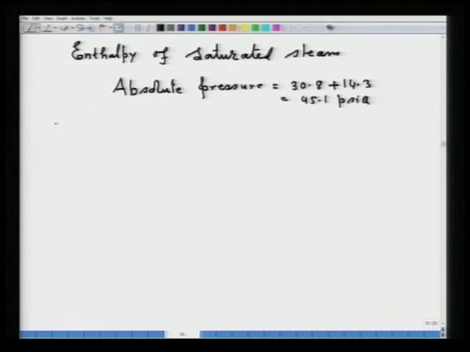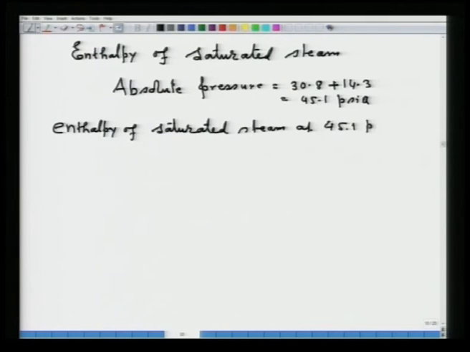Now, here is some data. Enthalpy of saturated steam at 45.1 psia referred to water at 0 degree Celsius, that you can find out from the steam table, is equal to 651 kilocalorie per kg.